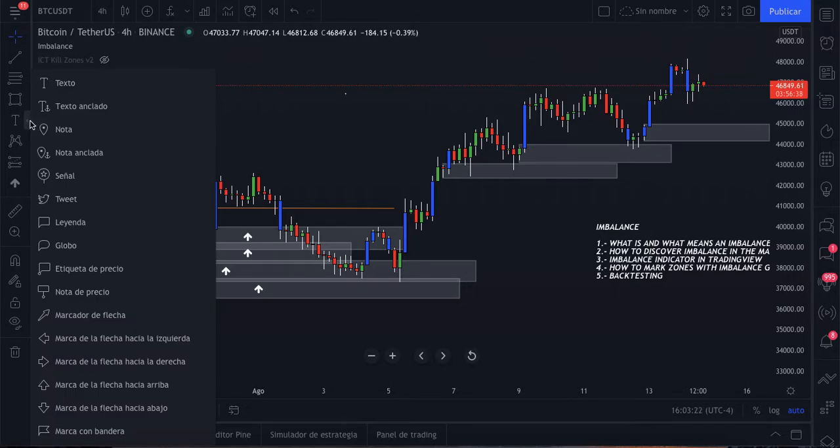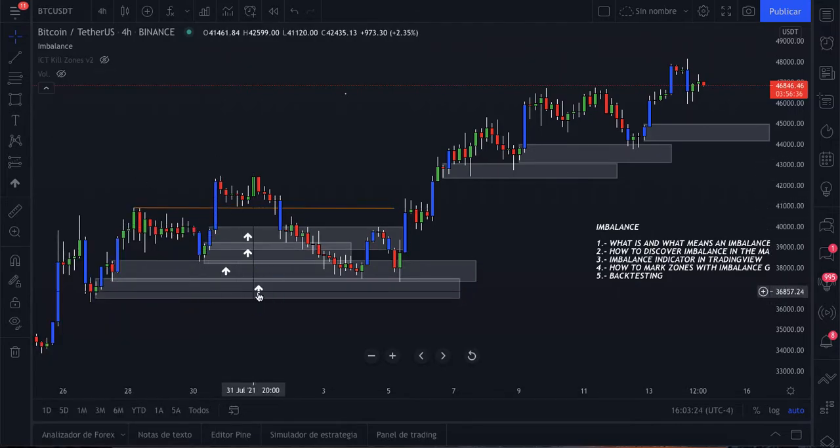In terms of possibilities, you will have better odds on the origin of the movement always. But that doesn't mean that the price cannot react before.